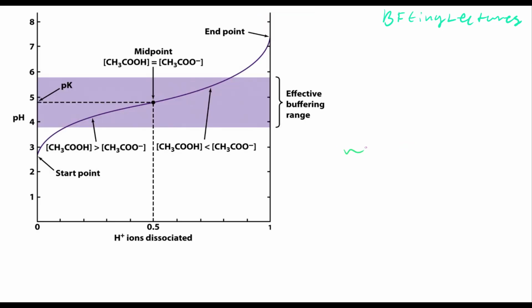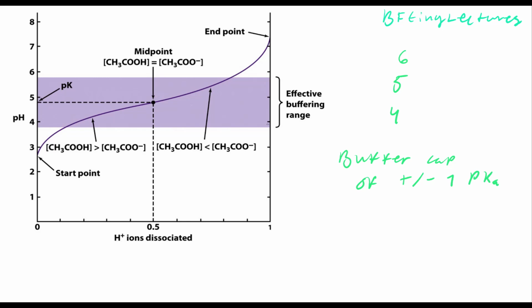So I kind of want to talk about the maximum buffer capacity, okay? In case you were confused, let's say that the initial pKa would have to be 5, right? So the minimum that it can go to be effective would have to be 4, and the maximum that it can go would have to be 6. This designates a buffer capacity of plus or minus 1 of the pKa.